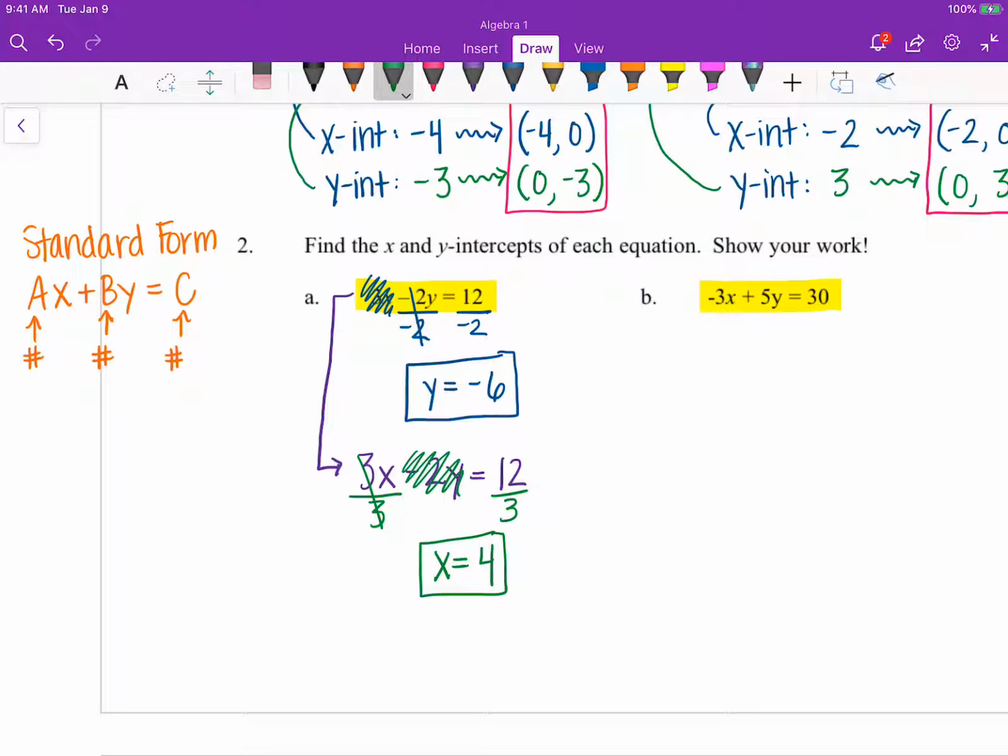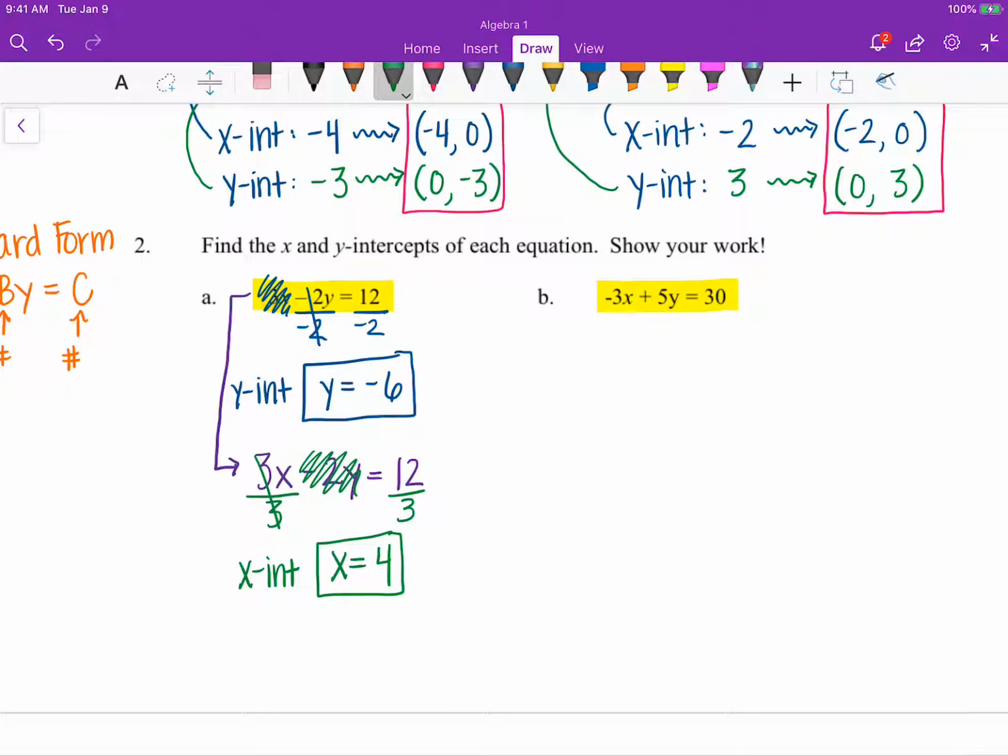And there's my x-intercept. So it's kind of nice because I can quickly get my x-intercept and my y-intercept. My y-intercept is the one that has y equals, so I'm going to label this one as y-intercept. And then my x-intercept is the one that x equals, so x-intercept. So it's not trying to trick you or anything, okay?